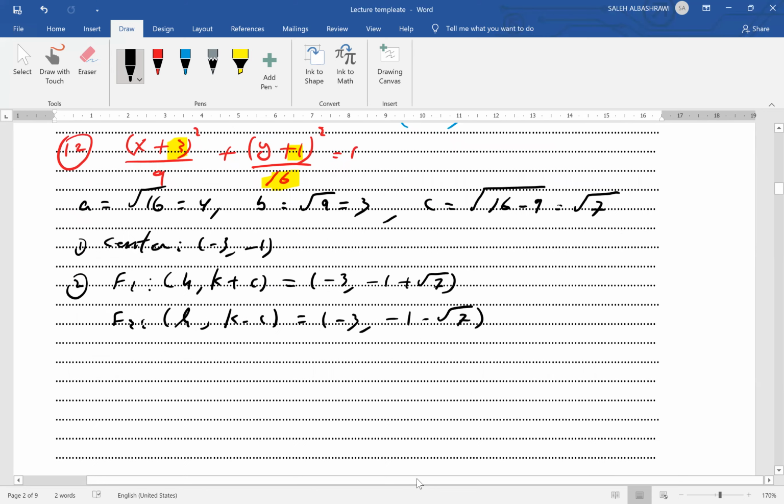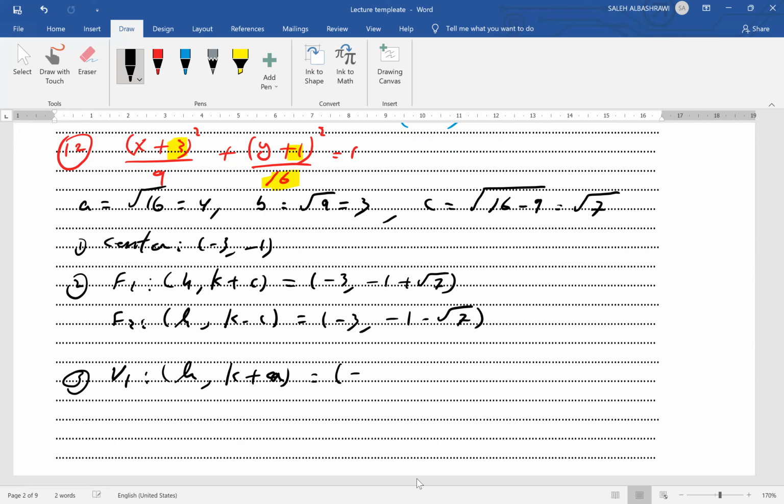The vertices, V1 is given by h and k plus a. That will be minus 3, minus 1 plus 4, which is equal to minus 3 and 3.